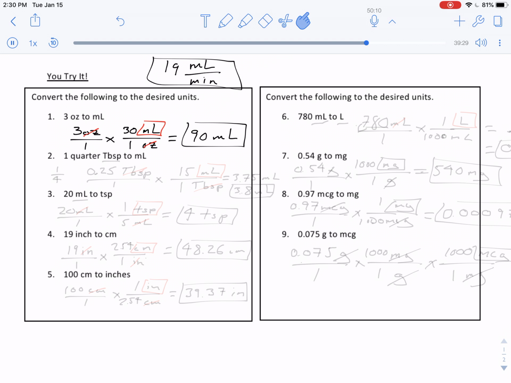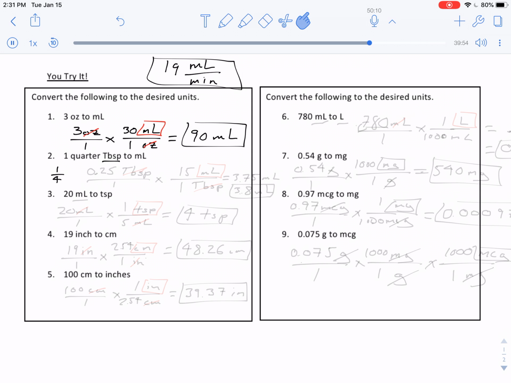All right. So 1/4 tablespoon to milliliters. Sorry, I said teaspoon. This is tablespoon. So I have 15 milliliters in 1 tablespoon, and I have a quarter. A quarter I can write as 1/4 if I want to, but that's kind of working with fractions.